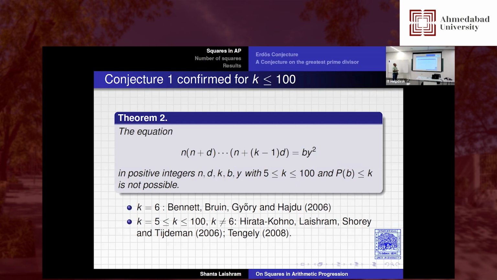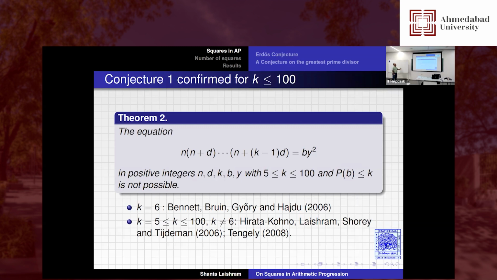Here, the case k equal to 6 is due to Bennett, Bruin, Gyory, and Hajdu. And k all the way up to 100, with k different from 6, is due to us. There are a few cases left which Saradha and Shorey completed.